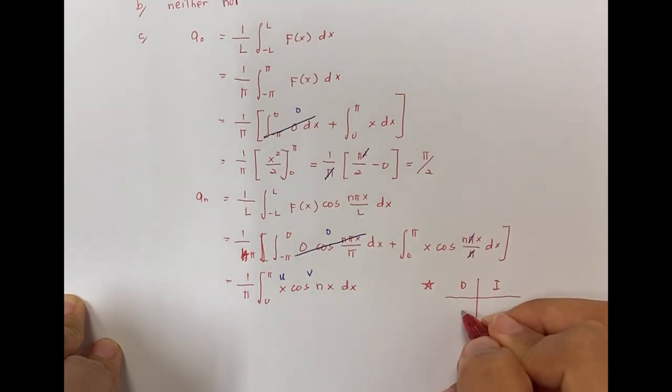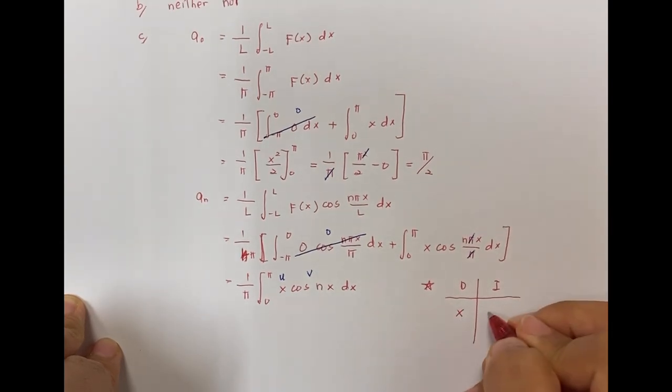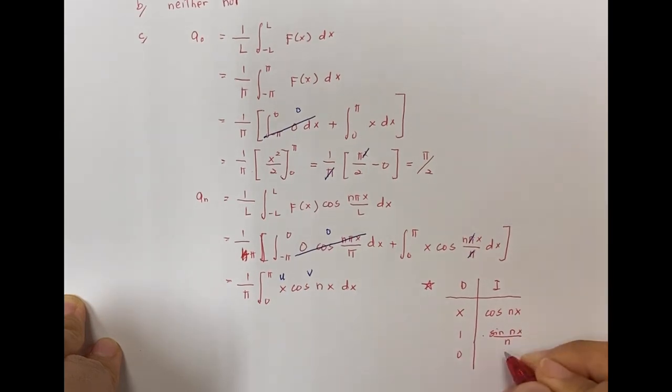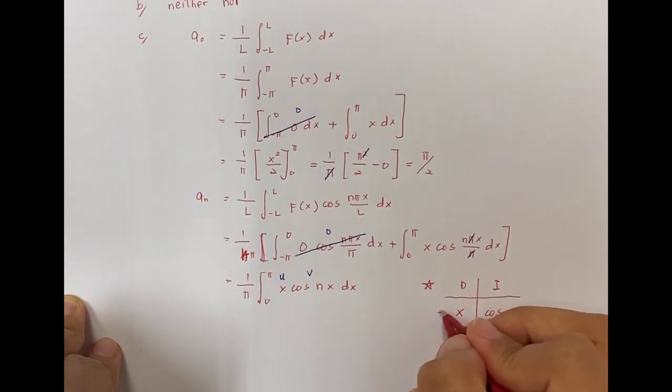The polynomial is always on the differentiation part, x. And for integration, integrate your cos nx. 1, 0. sin nx divided by n. Then you have negative cos nx divided by n squared. You need to master this tabular method.